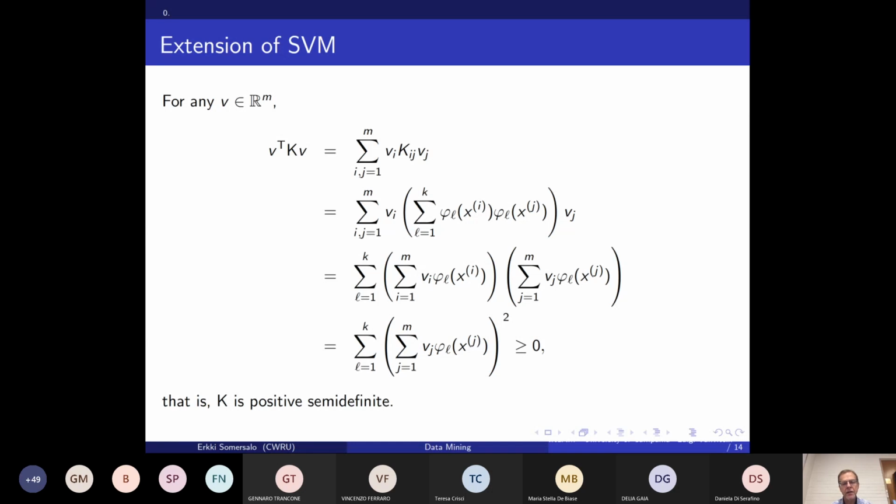So i and j are just summation indices, and l is the same for both of them. So those two expressions are the same number with different summation index only.